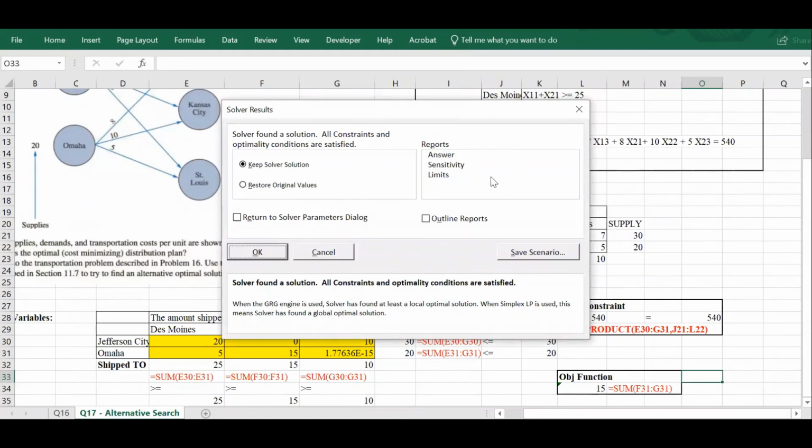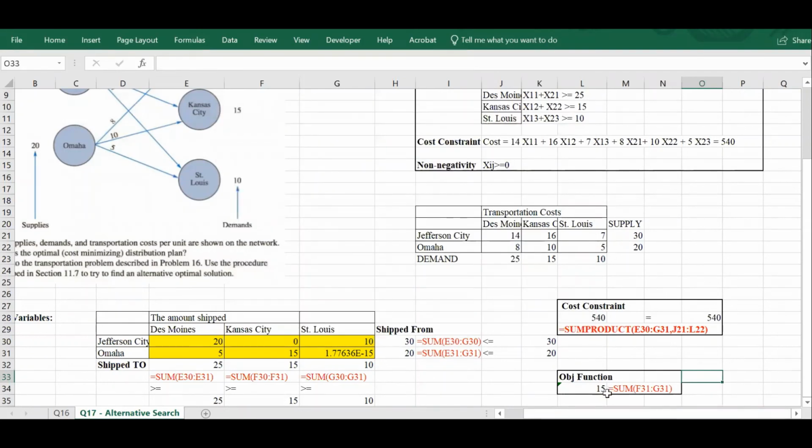Again, I'm not looking for anything specific in the answer or sensitivity report. Okay, we just found an alternative solution, guys. The objective function is 15. It's positive, which means this is different from my original, and the cost is staying at the same level, 540.